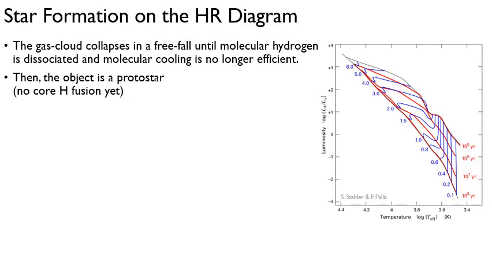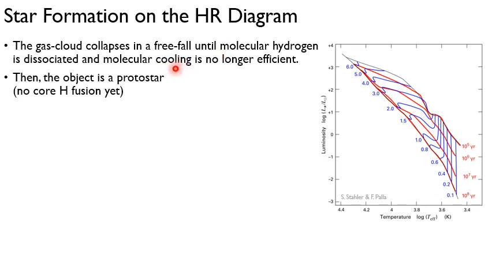So let's, to conclude, look at what star formation looks like on the Hertzsprung-Russell diagram. So remember the HR diagram, we have luminosity versus the temperature, where the surface temperature increases as we go to the left here. So our gas cloud, what will happen is it's just going to free fall until you dissociate the molecular hydrogen, and then you no longer have any molecular cooling.